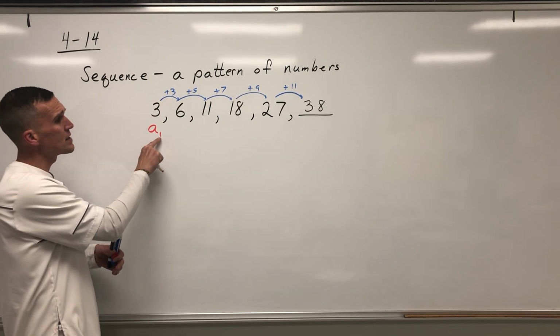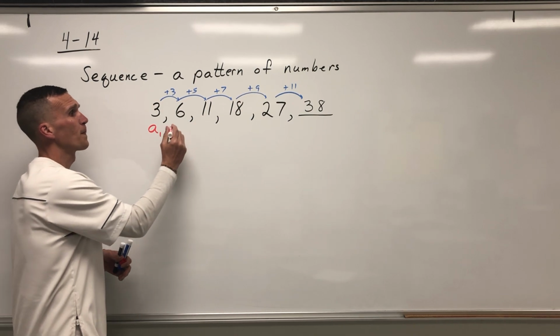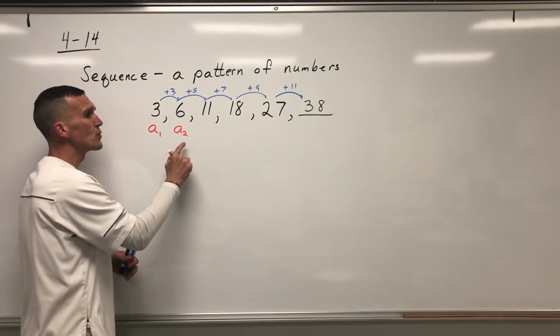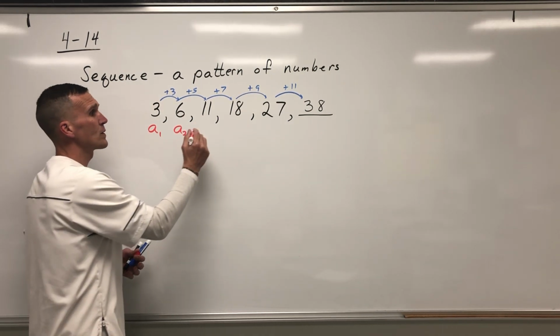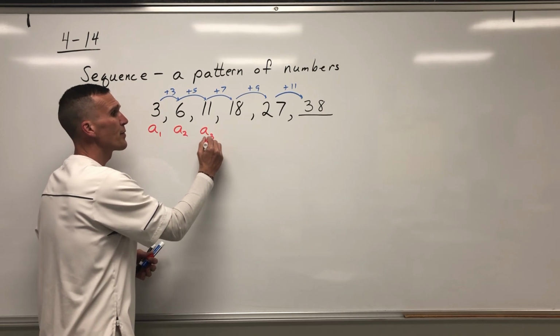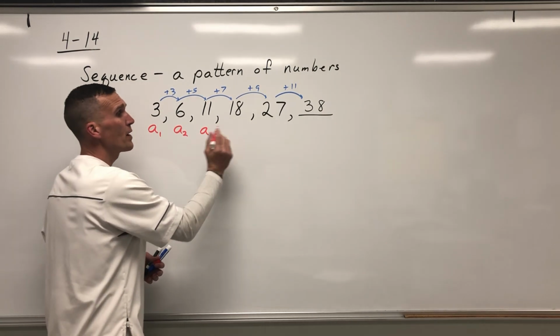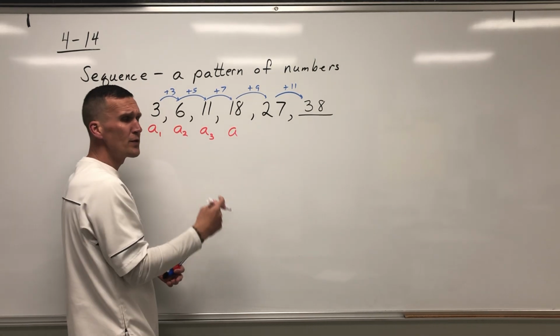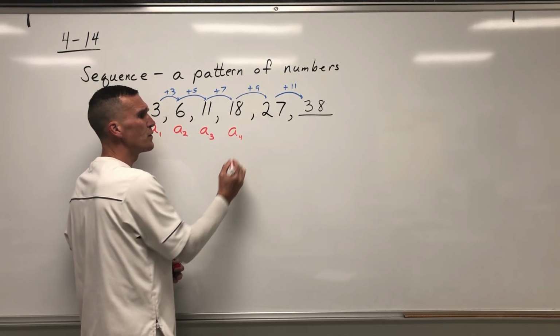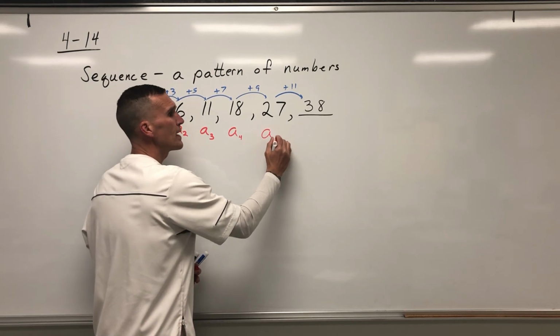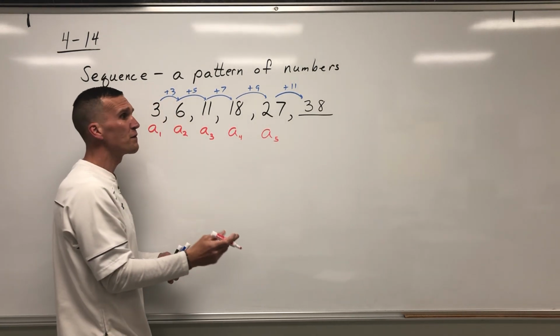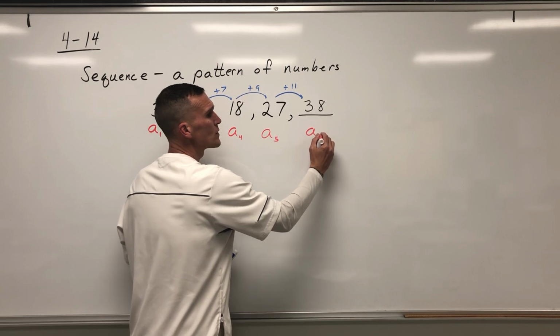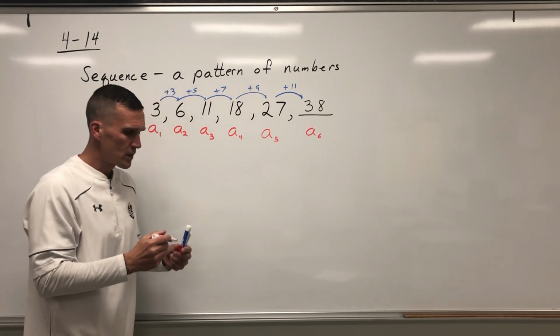All that means is it is the first term of the sequence. This would be A sub 2, the second term of the sequence. A sub 3, the third term. The fourth term would be A subscript, which is the little number in the bottom right-hand corner, 4. This would be A subscript 5 for the fifth term, and 38 was our sixth term.